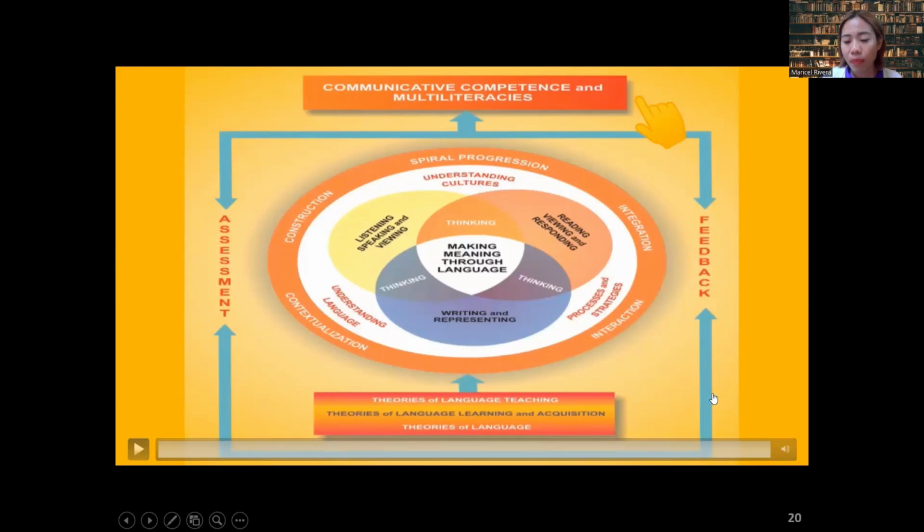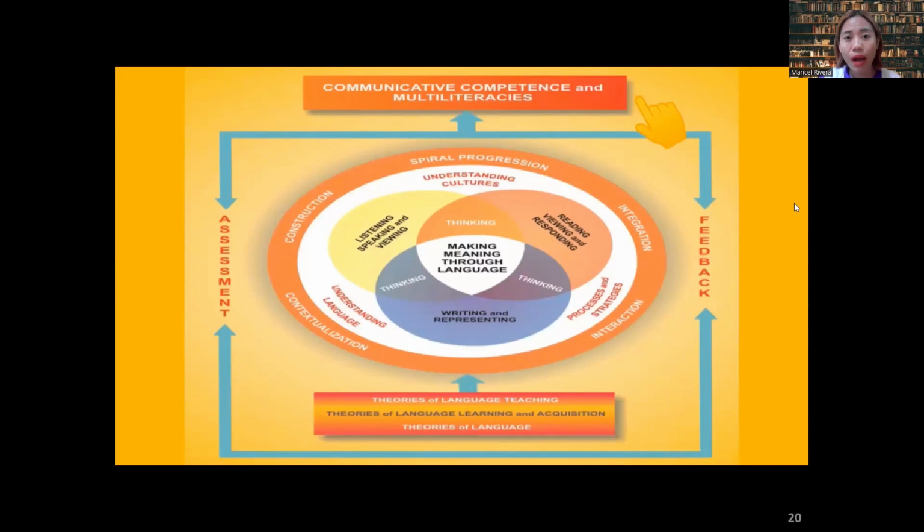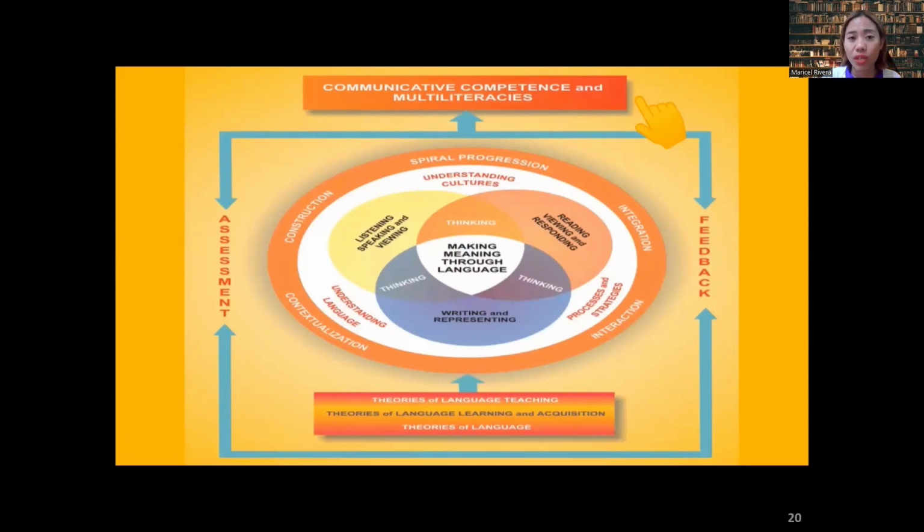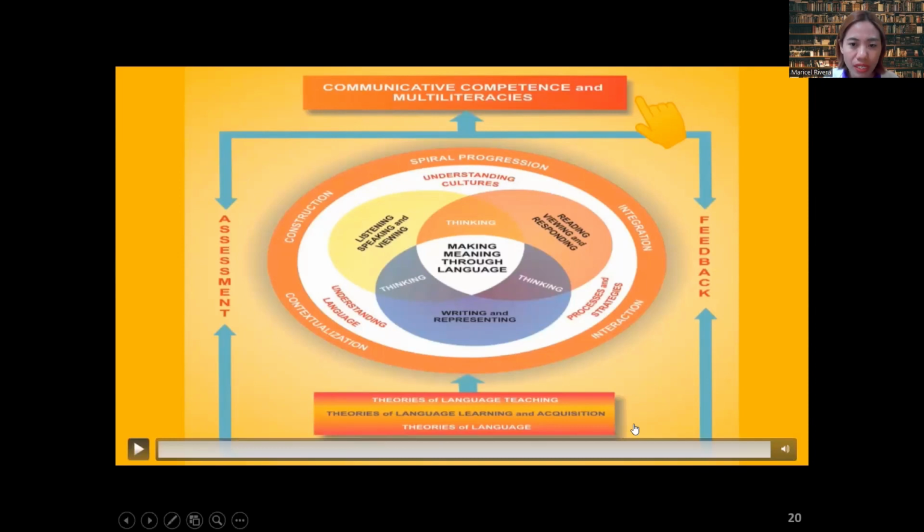And the very outcome of this is the outcome that we discussed in the previous lesson, which is that students would be communicatively competent and at the same time multiliterate. So we would be able to produce students who show communicative competence and multiliteracies as well, using this diagram grounded with the theories.